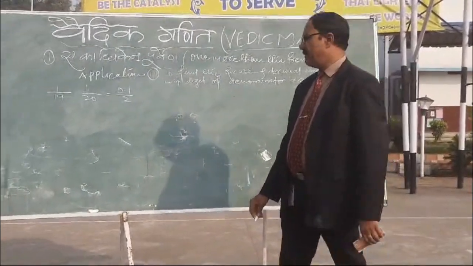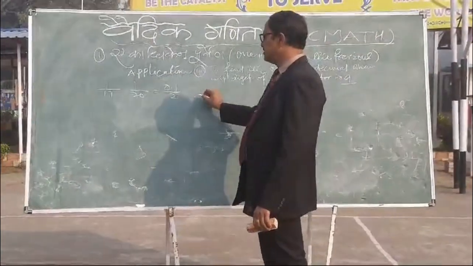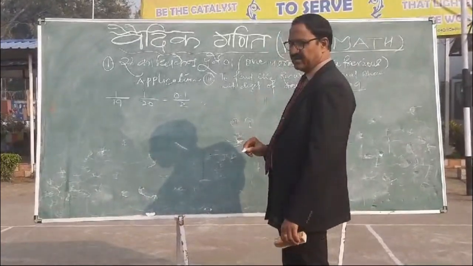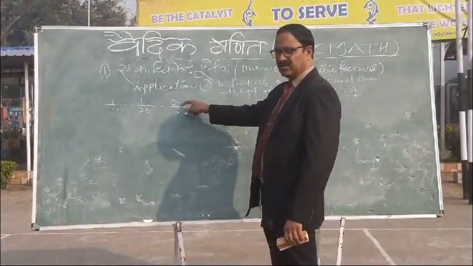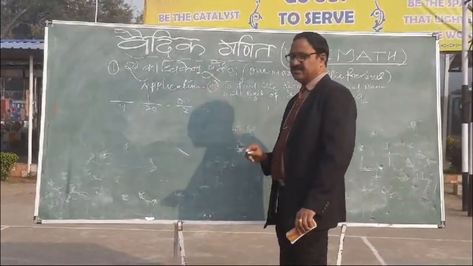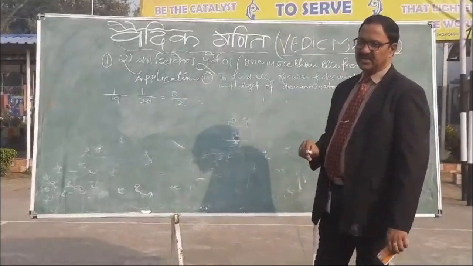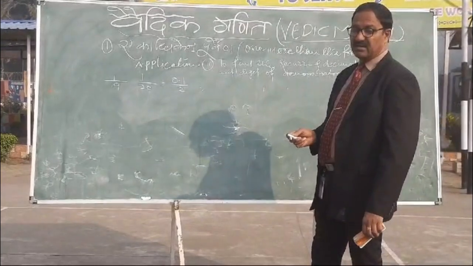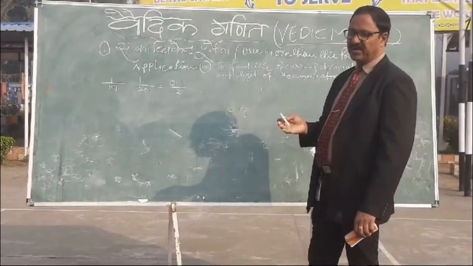Yes, sir. Now, after this, you put this digit here. This 1 will be here, and multiply this by this, whatever is the denominator position. Go on multiplying till the digits are repeated.